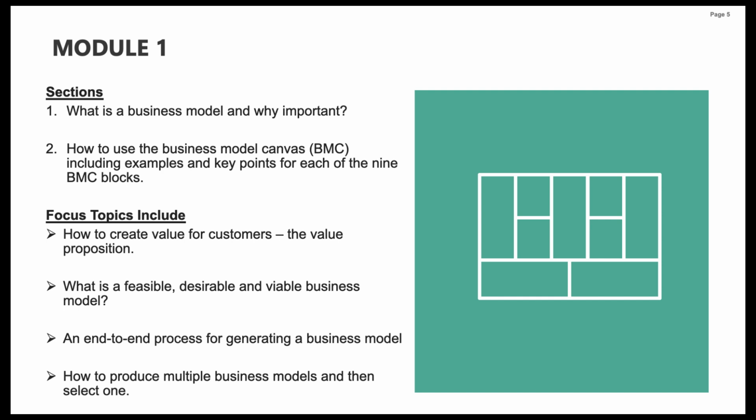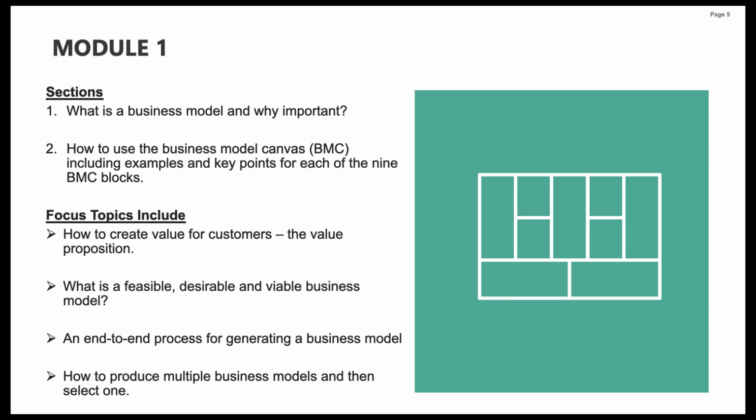As we go through this, we'll be generating a business model. So we'll look at different ways in which you can create and generate a business model following a sequence. The other thing that's really important when you do business modeling is to generate more than one business model. The way to do that is to think about not only how many you do, but how you evaluate your business models going forward.